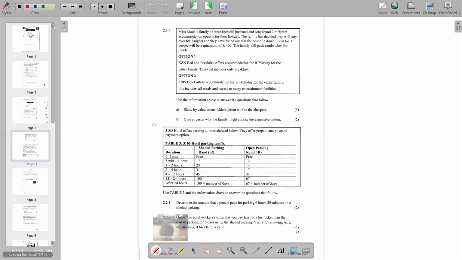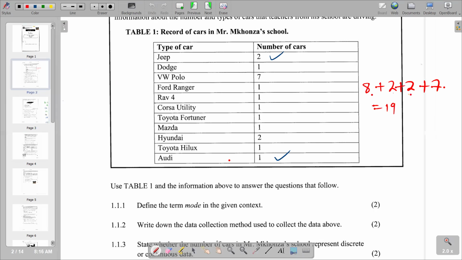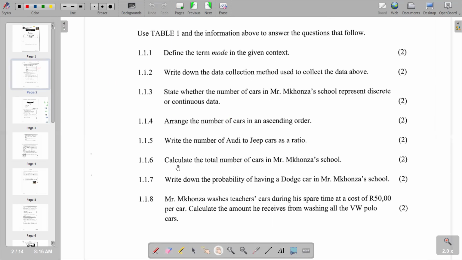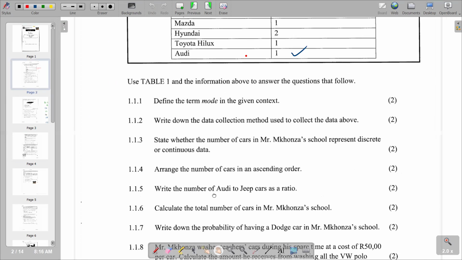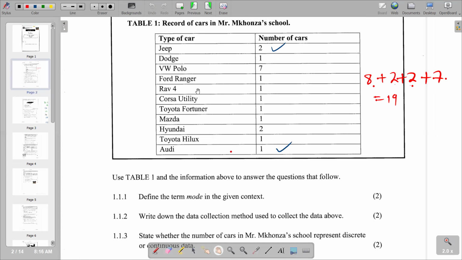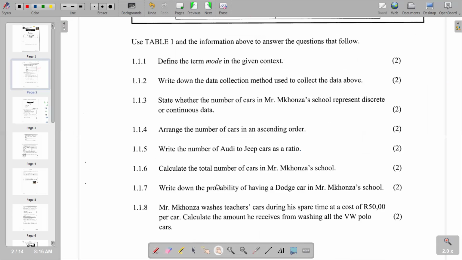So we refer back to the next question, which obviously is going to be the last question that we have. Ms. Mkoza washes teacher's cars during his spare time at a cost of 50 Rand per car. Calculate the amount he receives from washing all the VW Polo cars. So all VW Polo cars, we can check, we have got 7 of them. 7 VW Polo cars. Each one is costing 50 Rand.